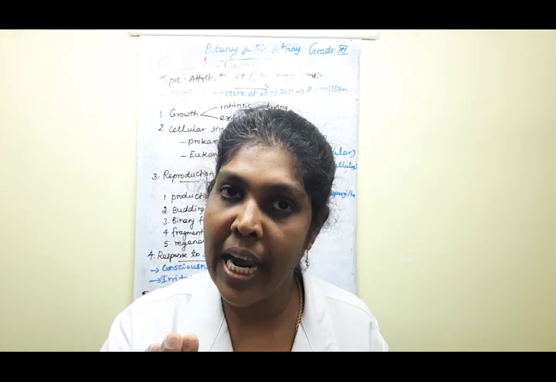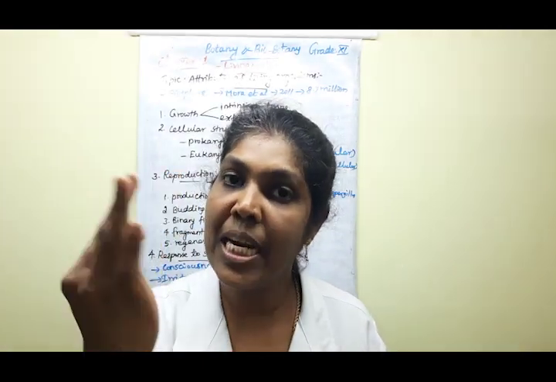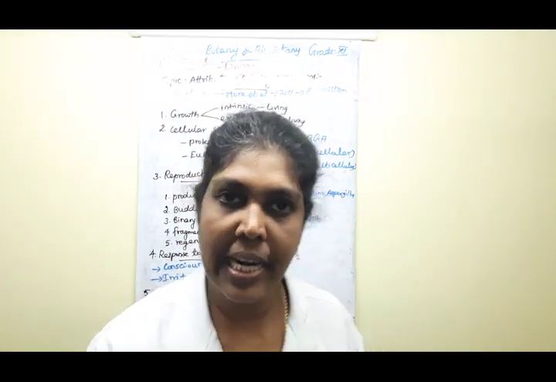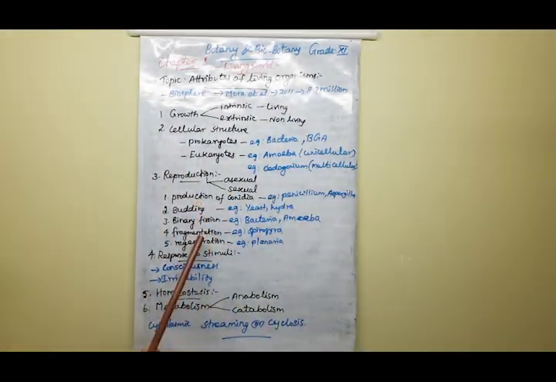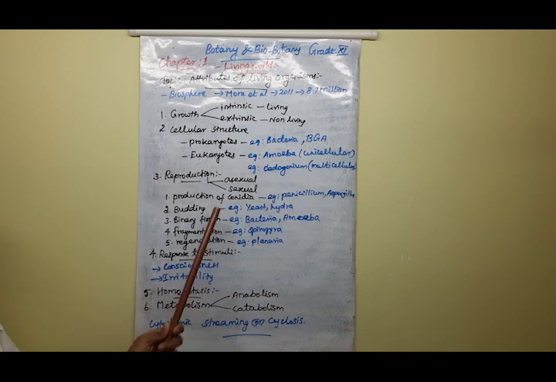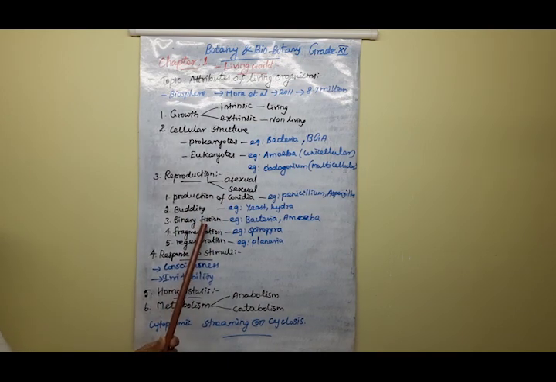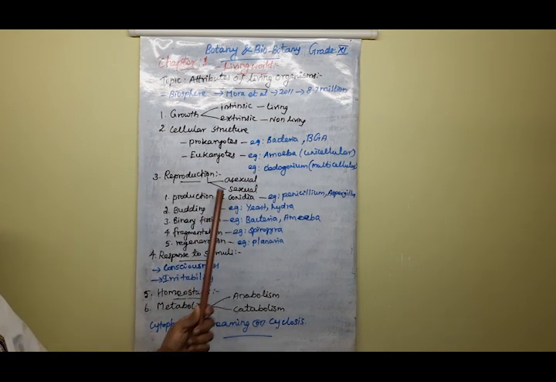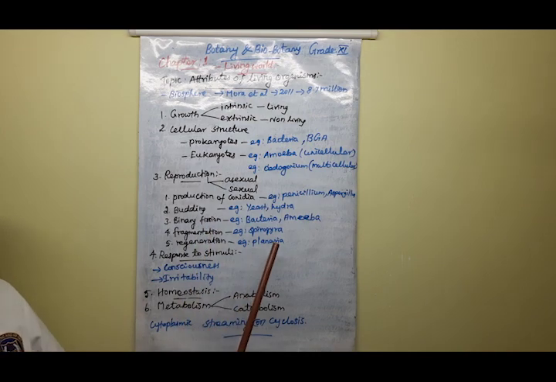Living organisms use certain methods of asexual reproduction, as I already said. These include production of conidia, budding, binary fission, fragmentation and regeneration. For each of these asexual methods of reproduction, you should have some examples.